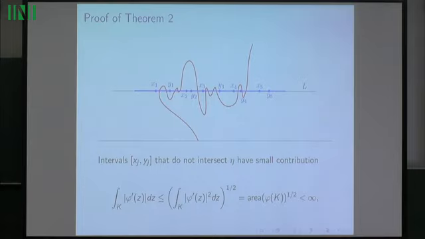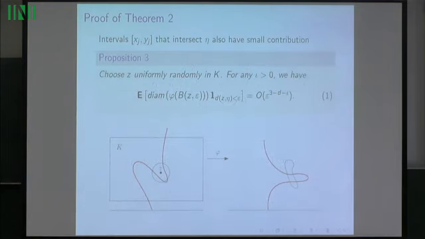Now, the rest of the part is to control the variation of phi on intervals that do cross the curve. So to prove that, it is enough to prove this proposition.